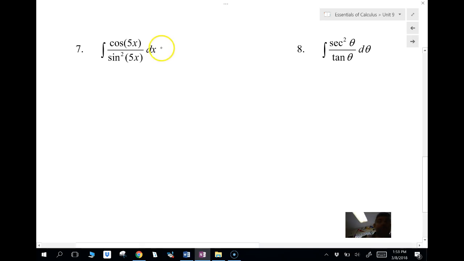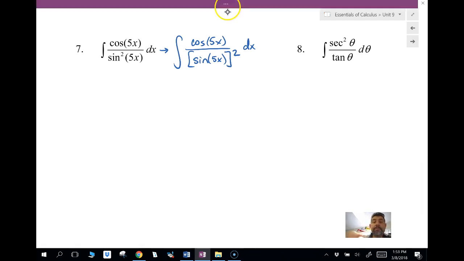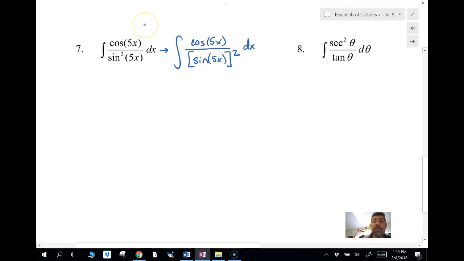So for this one, I think I want to change it to look like this first: cosine 5x over sine 5x squared. Like that. Okay, so we're going to use a bit of reverse chain rule.